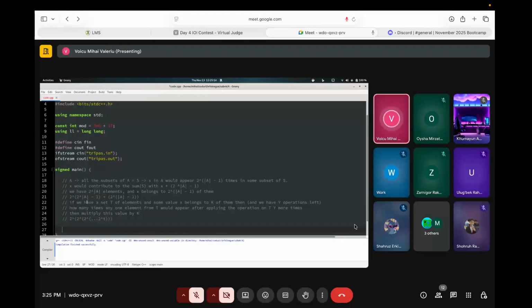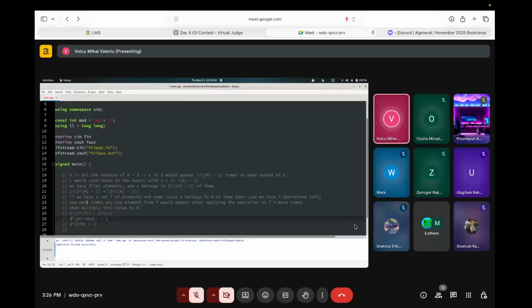So normally we know that 2 to the power of phi of mod is equal to 1. But then we know that inside the exponent we have another binary exponentiation, that is 2 to the, let's say, k equals 1.